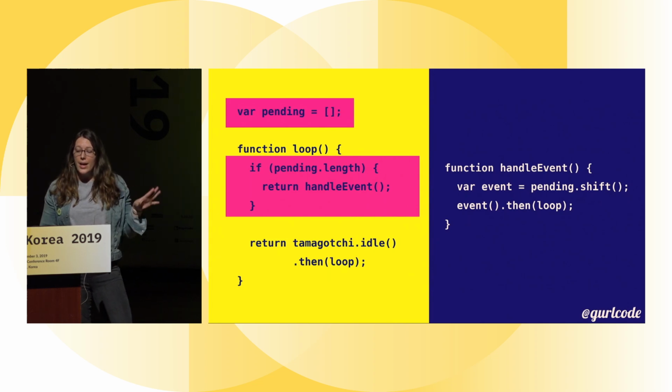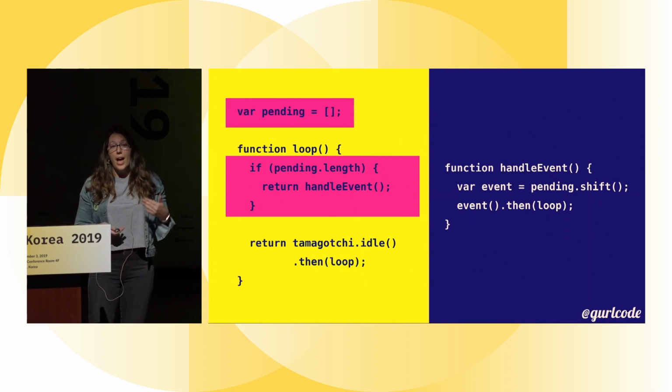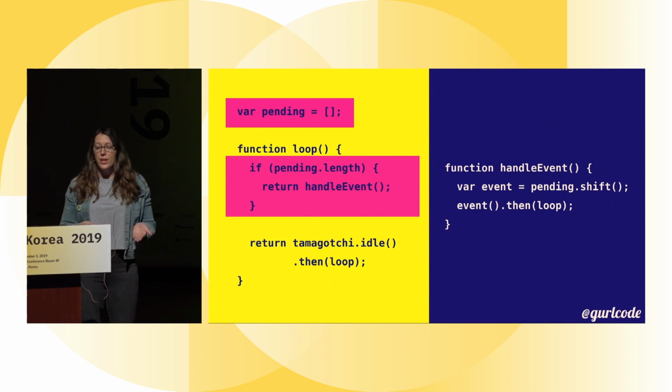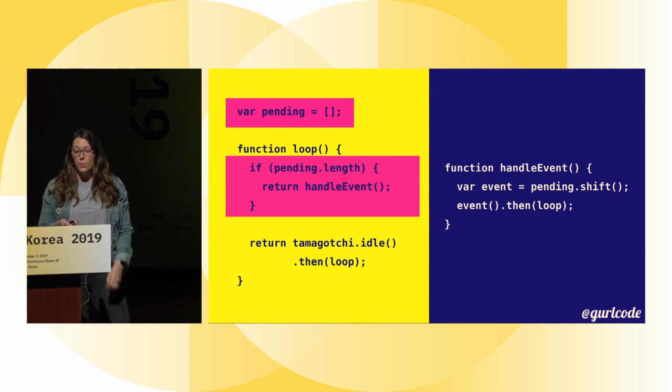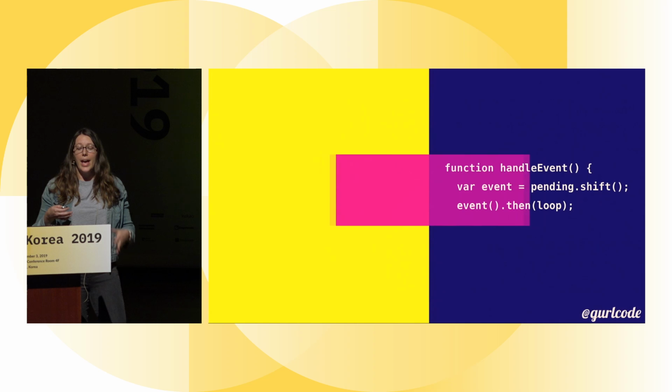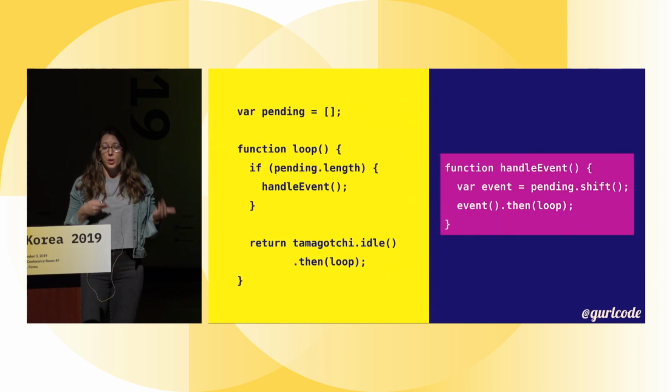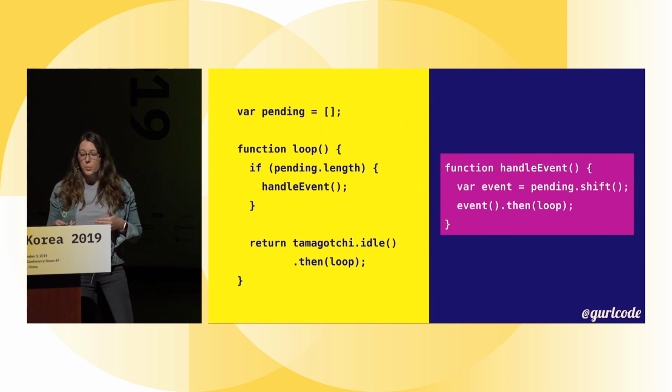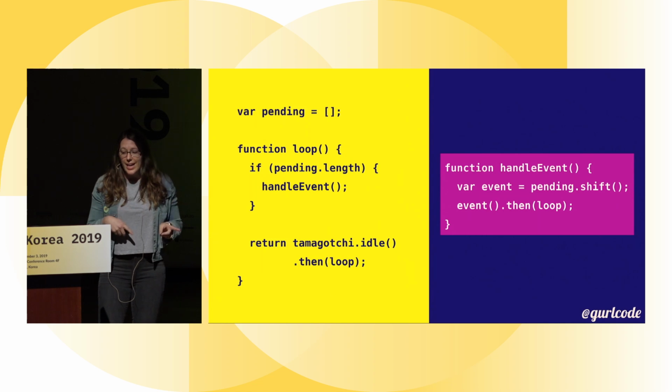So here, I've added an array to hold pending events. The loop function is going to check if there are any pending events, and if there are, the handle event function is run, and the loop is terminated. So handle event is going to take the first event off the queue, and it's going to run it. And when it's complete, we're going to restart the loop. And if there's another event in the queue, handle event will get called again.